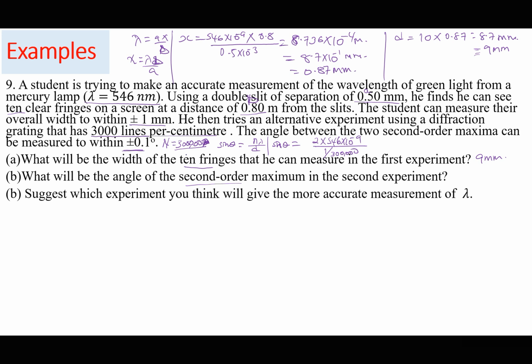Remember d equals 1 over n. So I'll just press my calculator here: 2 times 546 exponent minus 9 times 300,000. Then I get the sine inverse.